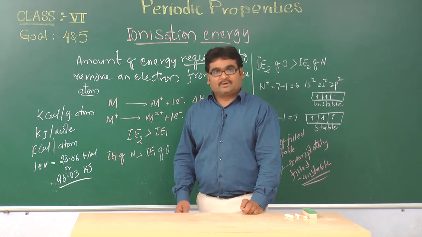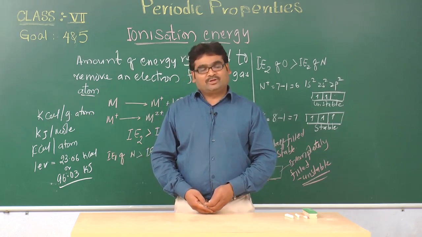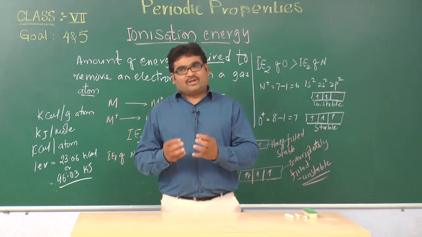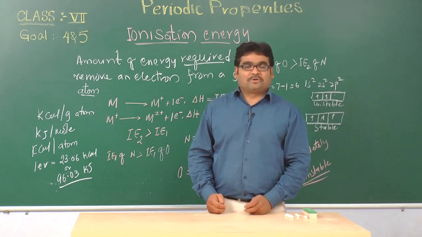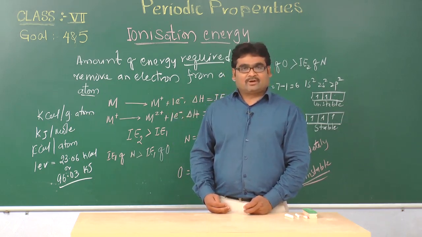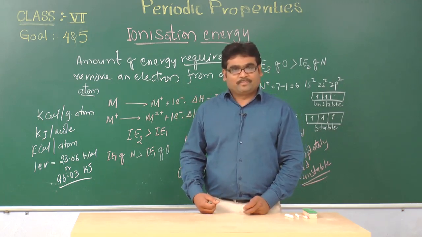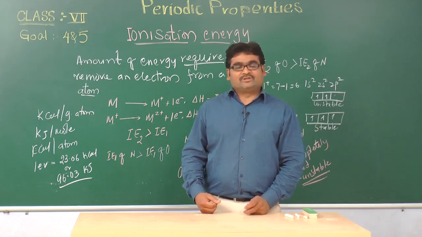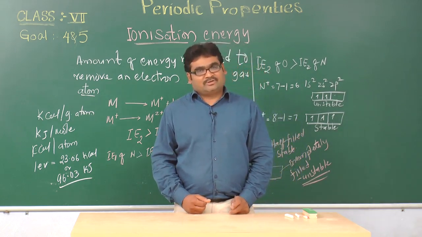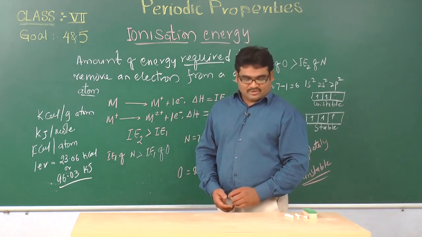Next, as we intend to discuss the changes, the gradations, the periodicity along a period and down the group, we also need to see the factors that determine the ionization energy.